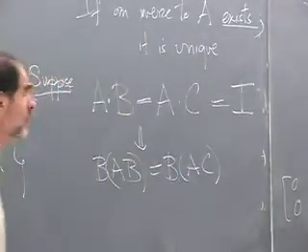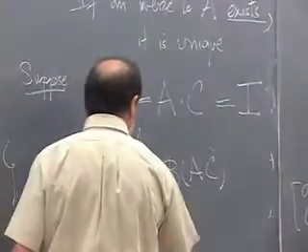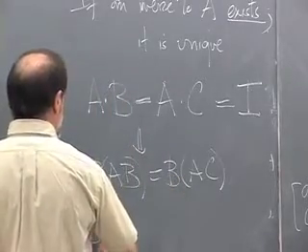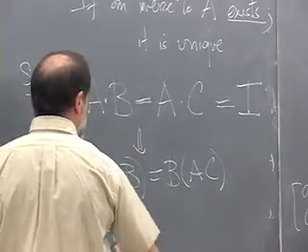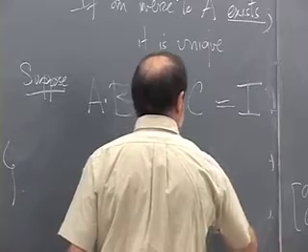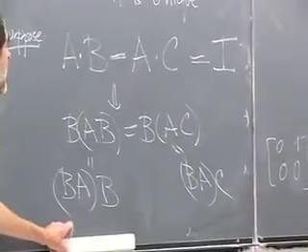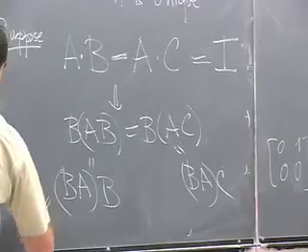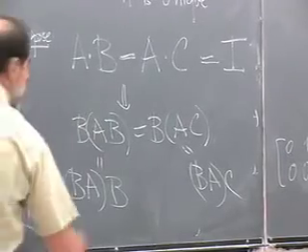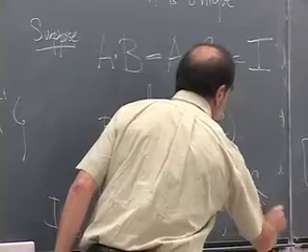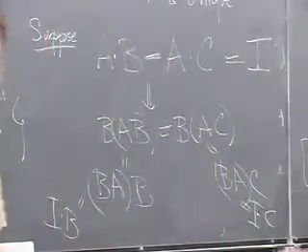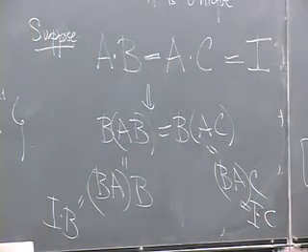And then I use the associative law to reassociate things. This, on the other hand, is BA times B. And this is BA times C. And since B was assumed to be an inverse for A, this is equal to the identity times B. And this is equal to the identity times C. And the identity times any matrix is itself. And therefore, B has to equal C.